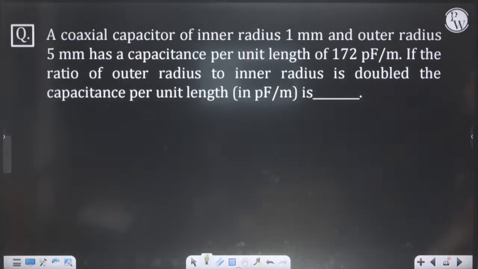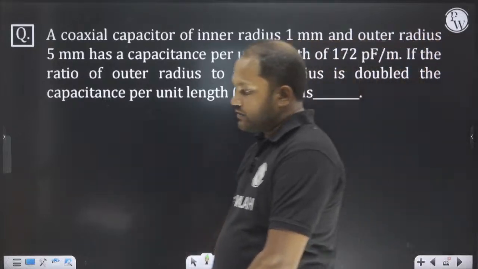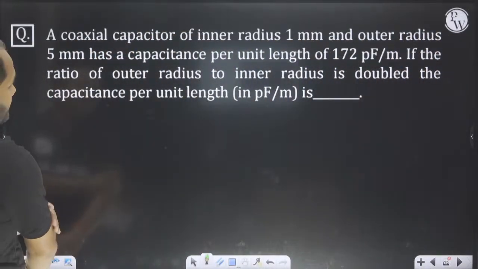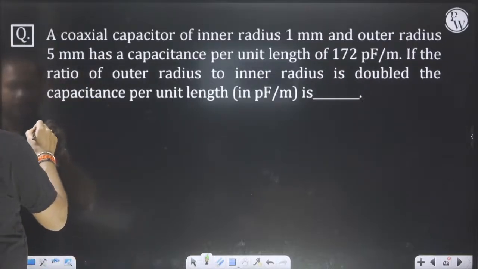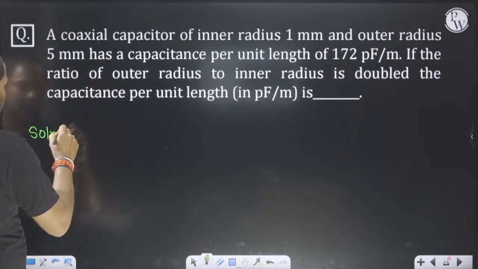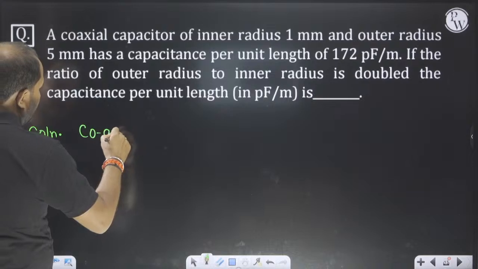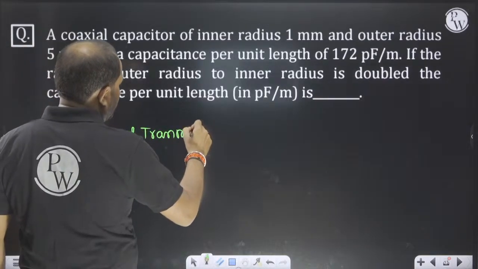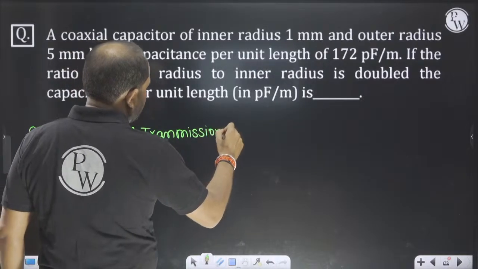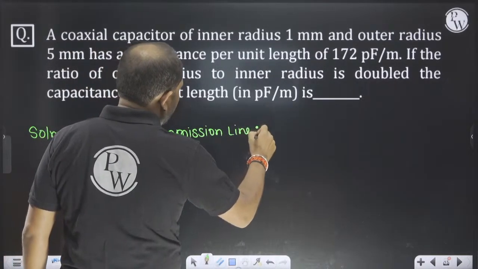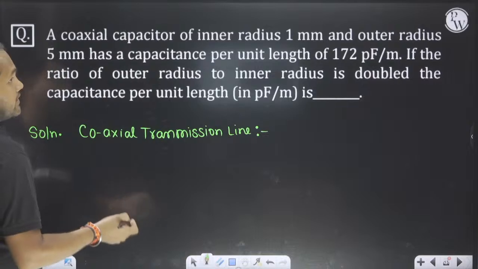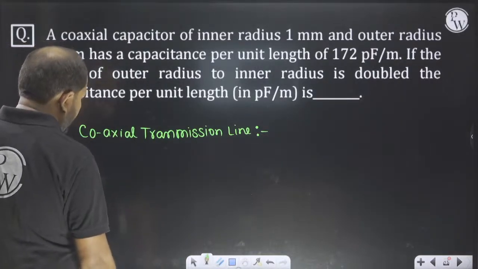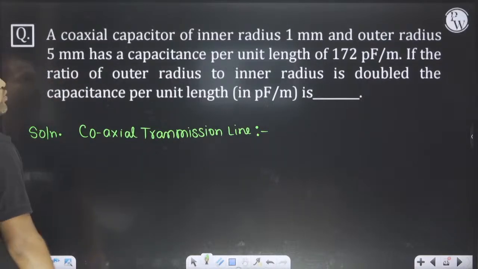Next question. A coaxial capacitor of inner radius 1 mm and outer radius 5 mm, and the capacitance will be something. So what is the formula for capacitance in a coaxial transmission line? You should remember the formulas of capacitance, inductance, conductance, and resistance for three types of transmission line: parallel plate, coaxial, and two-wire transmission line.